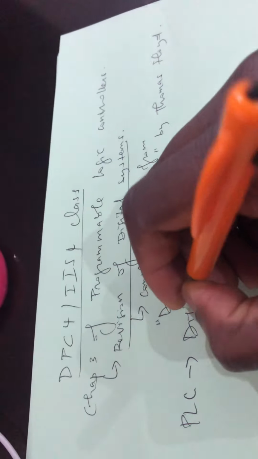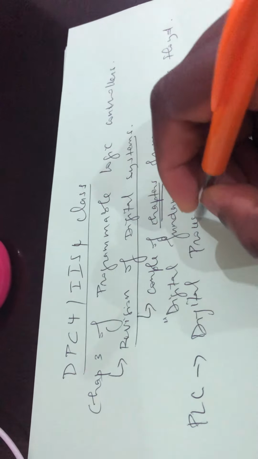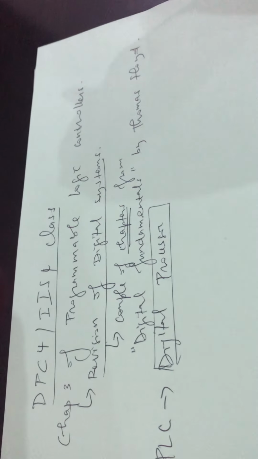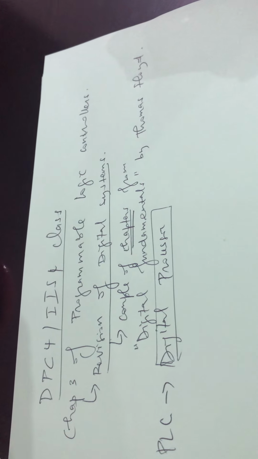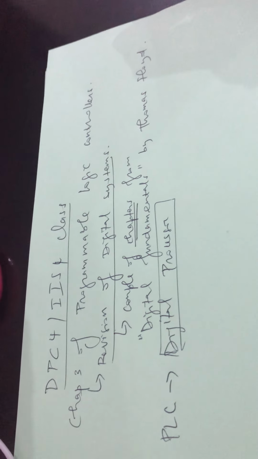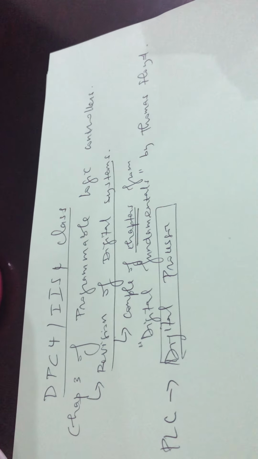You recall that a PLC is a digital processor, or contains a digital processor like any other platforms that we discussed that could be used as an alternative for digital process control. We had mentioned microcontrollers, microprocessors, etc.